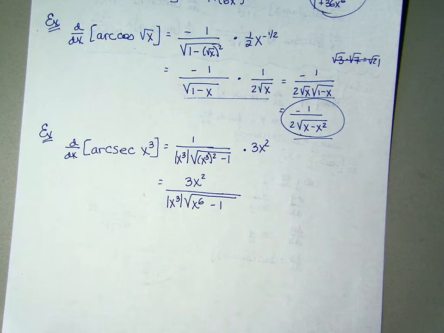Can I simplify the x squared with the stuff inside the absolute value bars? Does that seem reasonable? Probably not. Can I just get rid of the bars? Is x cubed always positive? No, it's not. Would x squared always be positive? Yes. Here's what I can do.